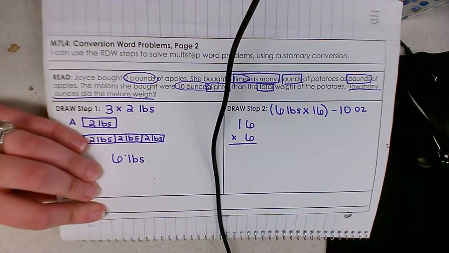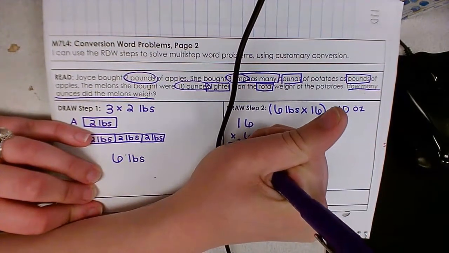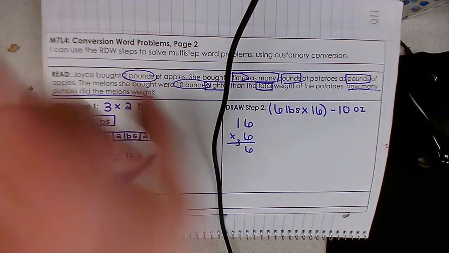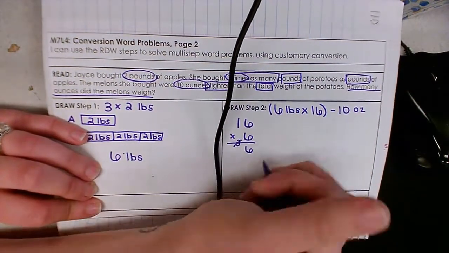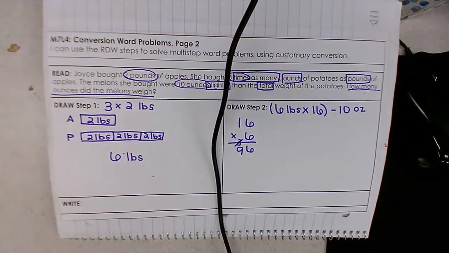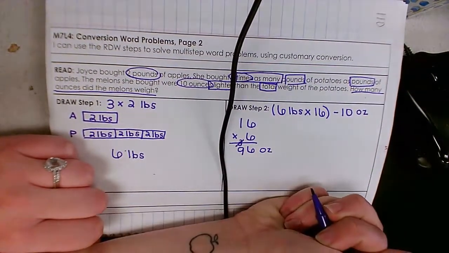Six times 6 equals 36. 6 times 1 equals 6, plus 3 more equals 96. Okay, so the total weight of potatoes in ounces is 96 ounces.